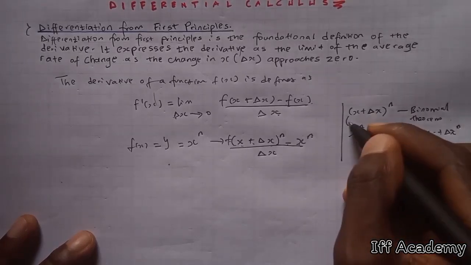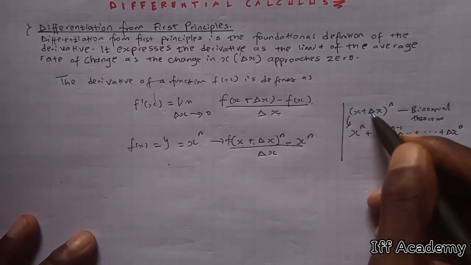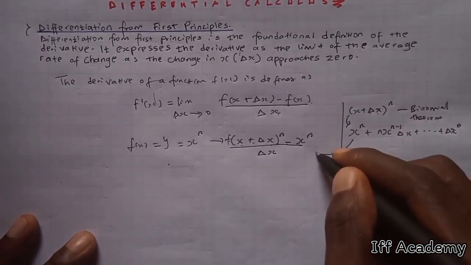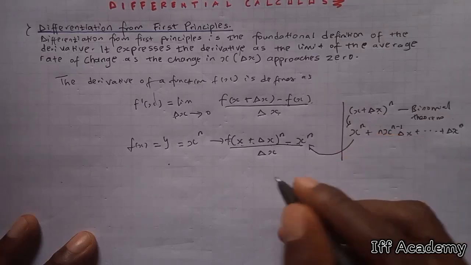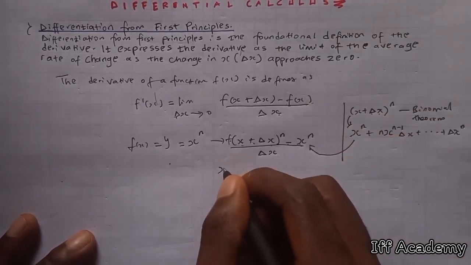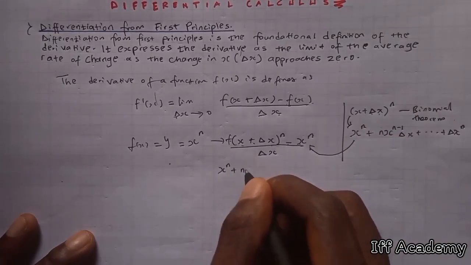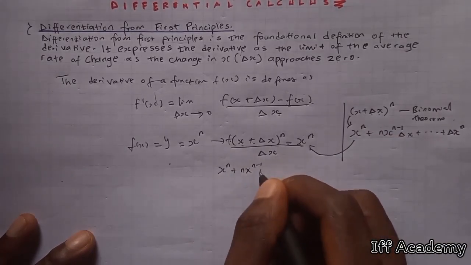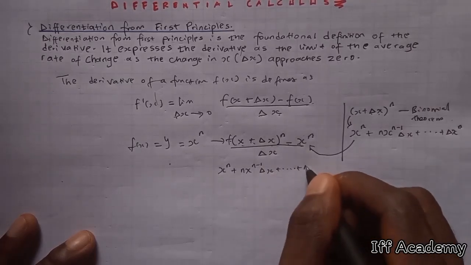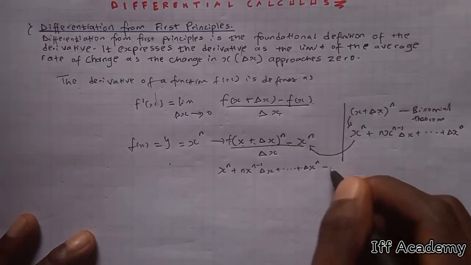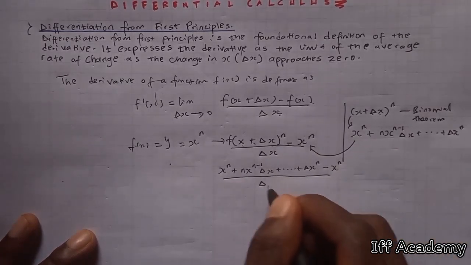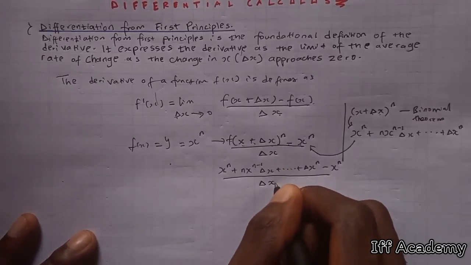So this is the binomial expansion. If I substitute this back, I would have x to the n plus n x to the n minus 1 change in x plus and so on plus change in x to the n, minus x to the n, over change in x.